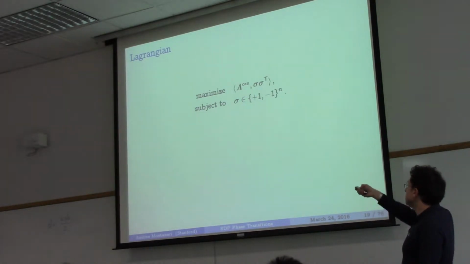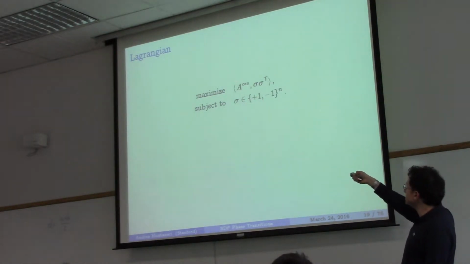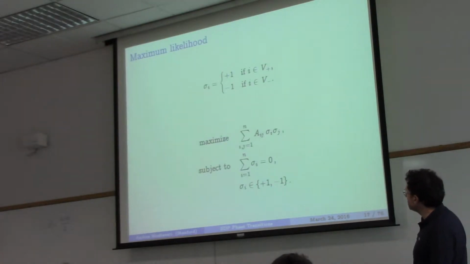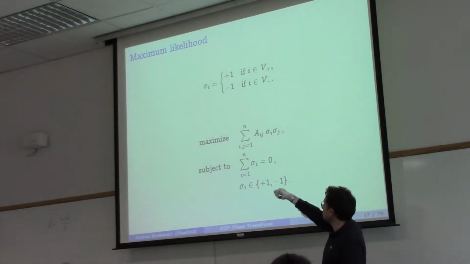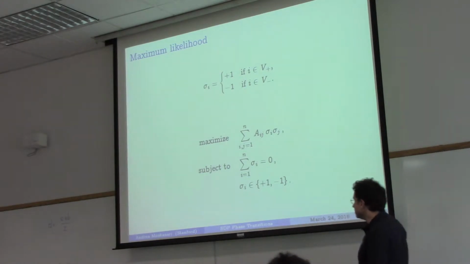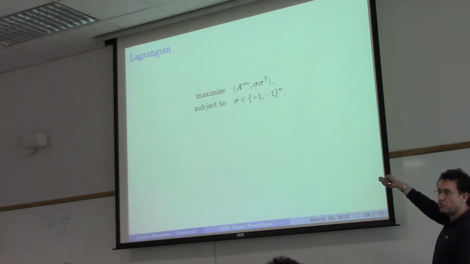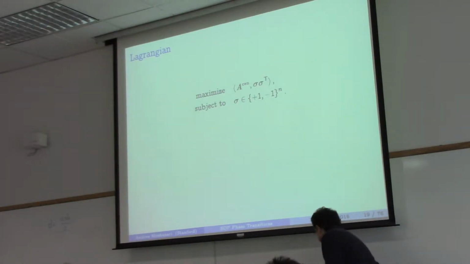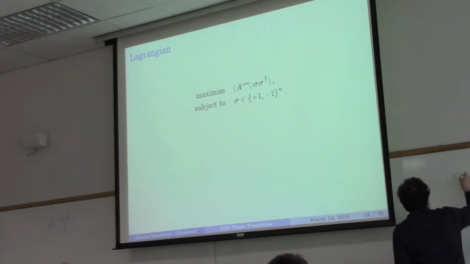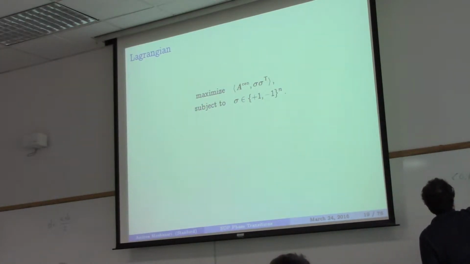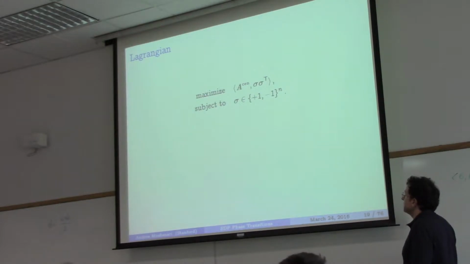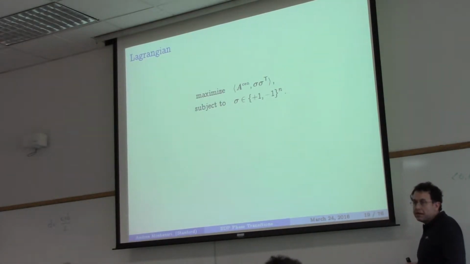So for simplicity, I don't like this. Frankly, I'm a little bit annoyed by this constraint. It's not a big deal, but I want to throw it out. And so what I'll do is that I'll maximize sigma transpose A sigma over vectors plus minus 1, which is the same as A times sigma sigma transpose, just written in a slightly different form. And I just forget about the balance constraint.